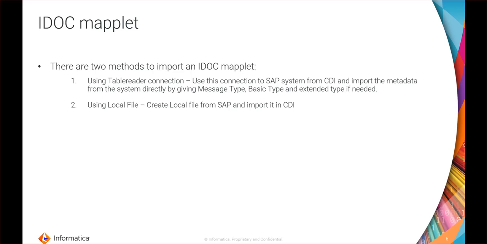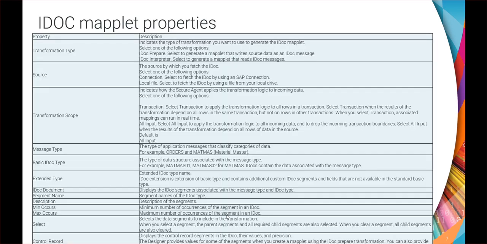The procedure is the same, but the difference is that we use an IDOC Prepare here. These are the properties in the IDOC maplet. First is the transformation type. As I mentioned earlier, IDOC Prepare is used for writing the source data as an IDOC message. The source depends on how we want to create the IDOC maplet, using a table connector connection or a local file created from SAP.